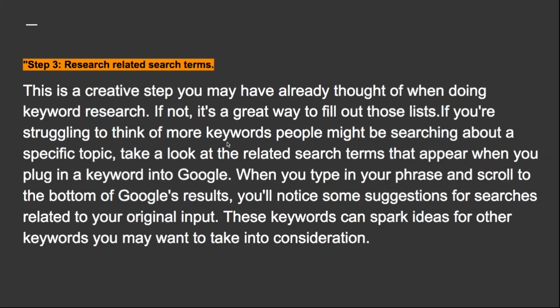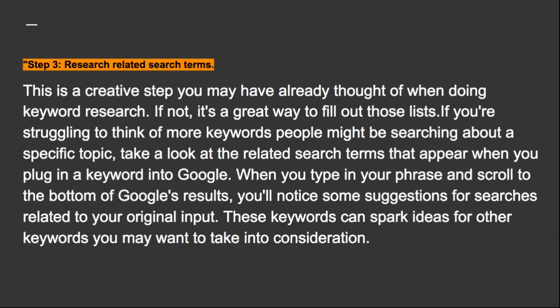I'm going to show you how this works as well. When you type in your phrase and scroll to the bottom of Google results, you will notice some suggestions for searches related to your original input. These keywords can spark ideas for other keywords you might want to consider.